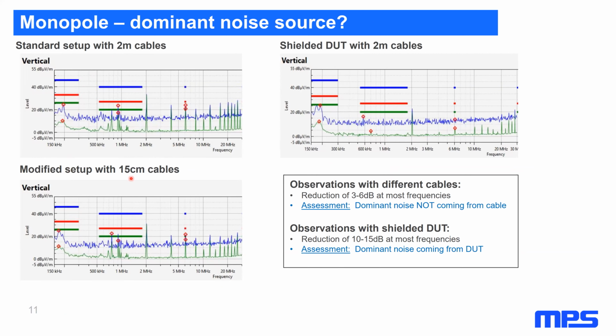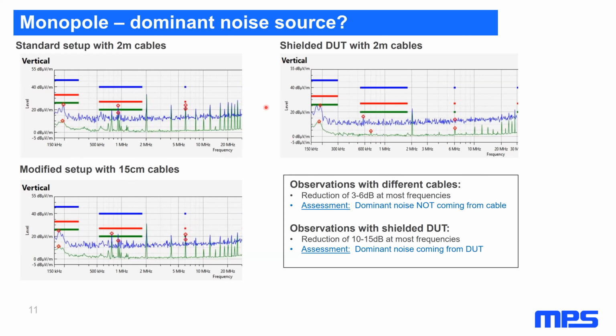The only difference is the cabling. I took my 2-meter cabling, reduced it to 15 centimeters, and this is what I got. It's a little bit of an improvement, a reduction of about 3 to 6 dB at most frequencies. From this, I would say there's a little bit of contribution from the cabling, but it doesn't seem to be the dominant factor.